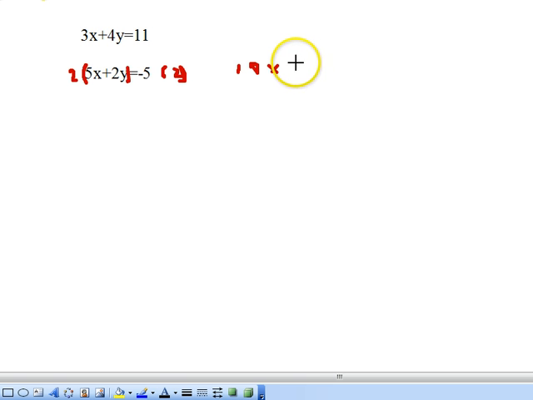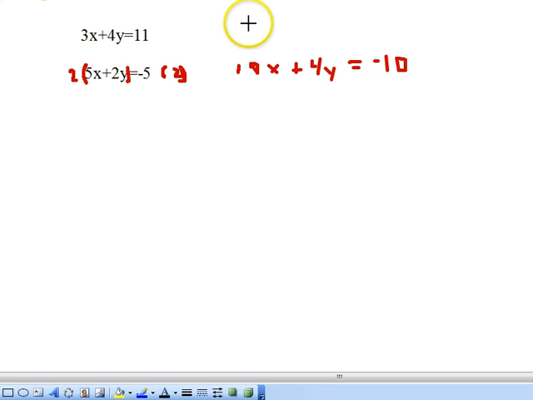plus 2 times 2 is 4y equals negative 5 times 2 is negative 10.